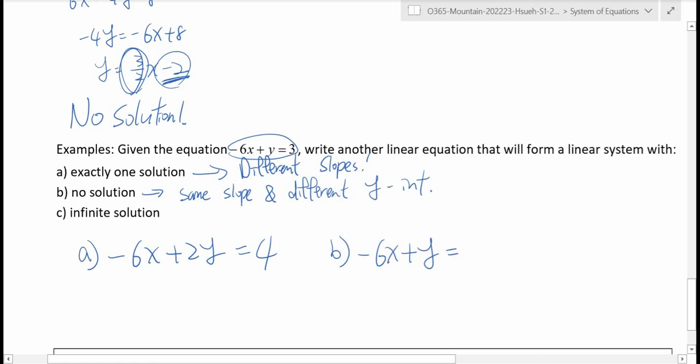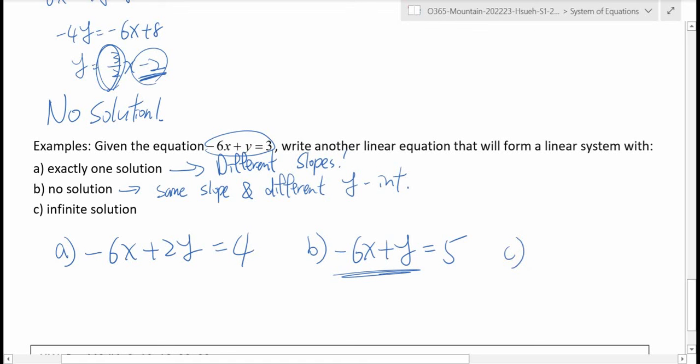But the y-intercept must be different, therefore you need to change the constant term. So instead of 3, you can put really anything other than 3. That works because you have the same slope, due to the same ratio between the coefficients of x and y, and the y-intercept will be different because the constant is different.